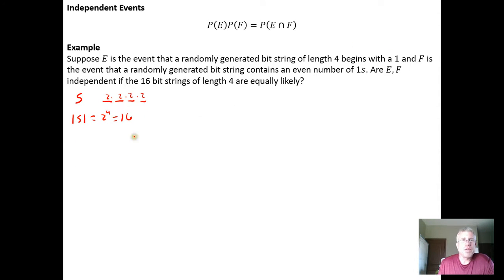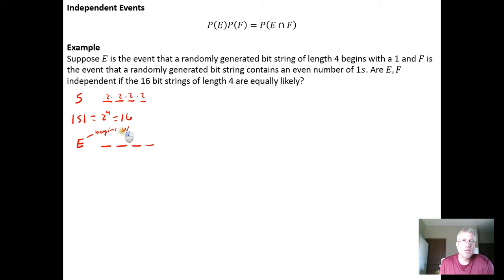Now we have two events. The event E is the event that a randomly generated bit string of length 4 begins with a 1. So for event E, we want to begin with a 1.